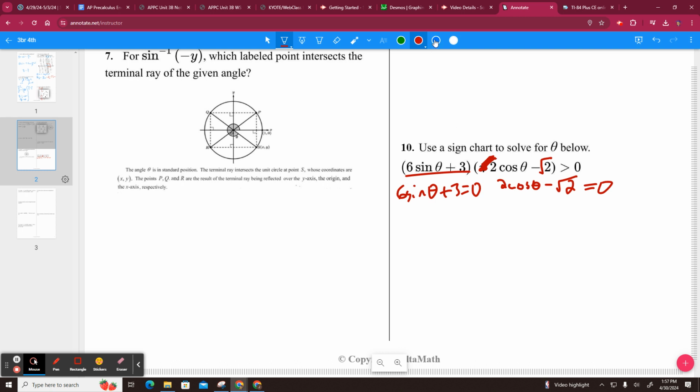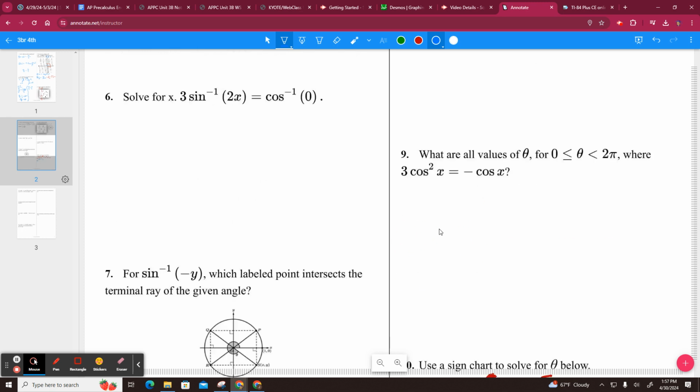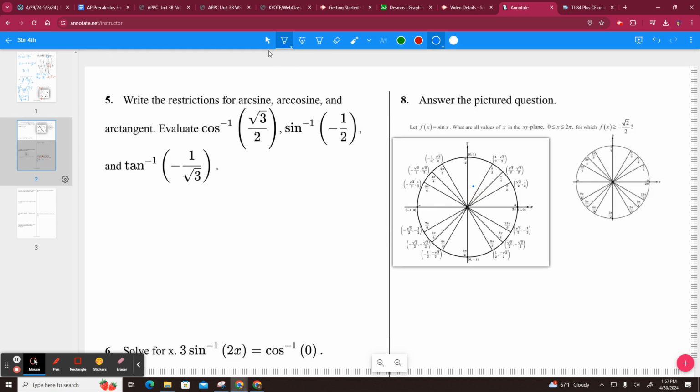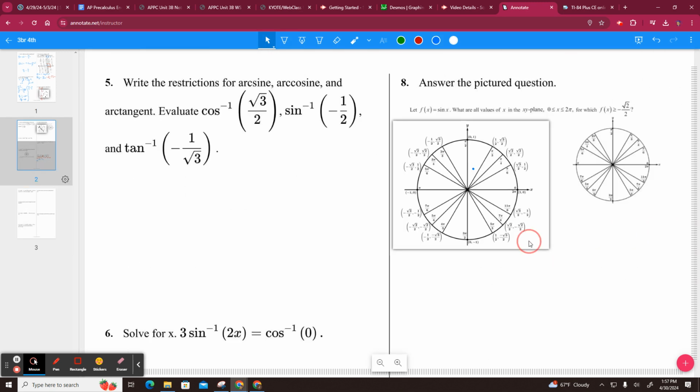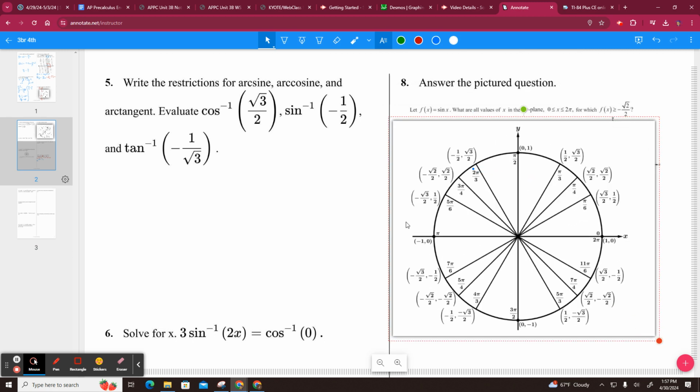So when I solve these, if I get sine by itself, I subtract 3 from both sides, and then divide by 6. It gives me negative 1/2. Let me make this unit circle a little bigger. So sine is 1/2. Or was it?